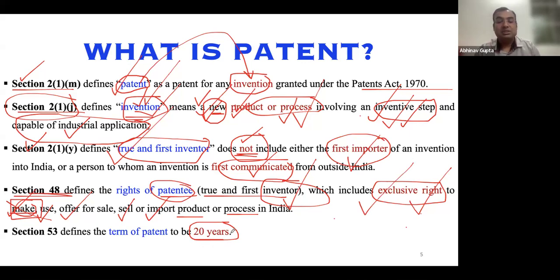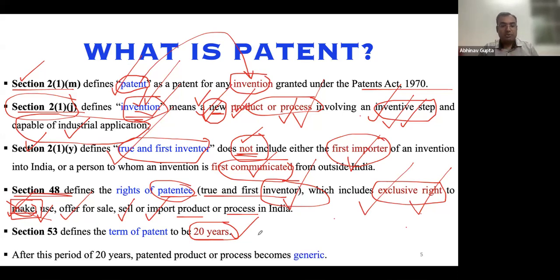You can exclusively exploit your patent by making it, using it, offering for sale, selling, or importing it for 20 years. Now, what happens after 20 years? After 20 years, the patented product or process becomes generic. I'm sure we have heard about generic medicines, generic goods, generic processes. What does this generic mean?